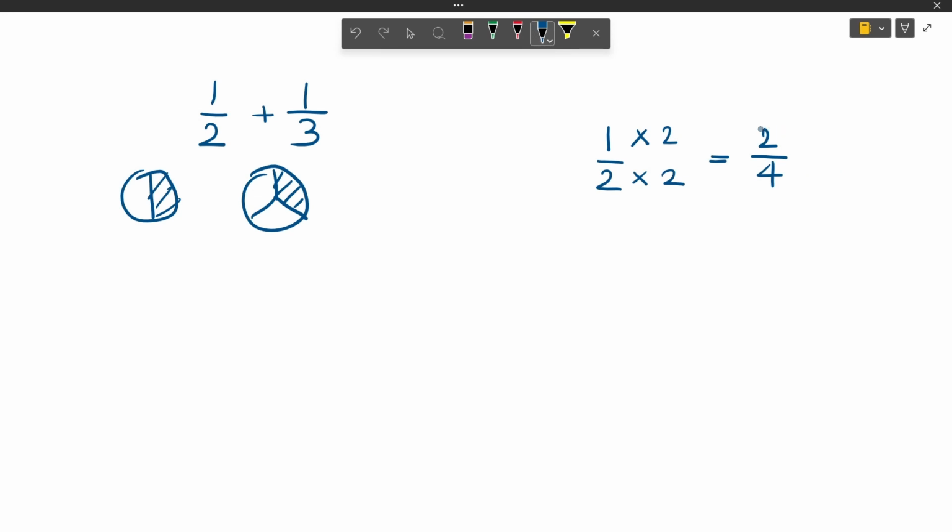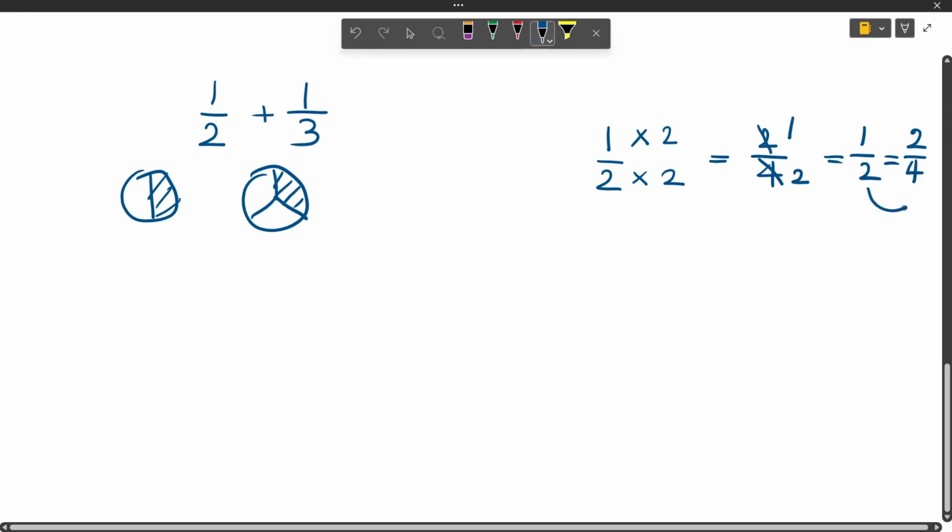We can simplify this: we divide 2 by 2 and get 1, and if we divide 4 by 2, we get 2. So the fraction hasn't changed. So 1 over 2 is also equal to 2 over 4.